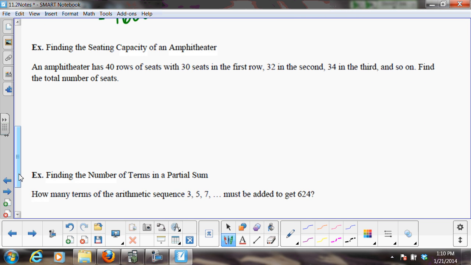An amphitheater is 40 rows of seats with 30 seats in the first, 32 in the second, 34 in the third, and so on. Find the total number of seats. Well, it's going up by 2s, right? So our first term is 30. Our d is 2. And we have 40 rows. So n is 40. We can use that first formula.